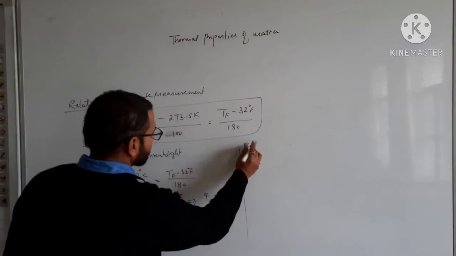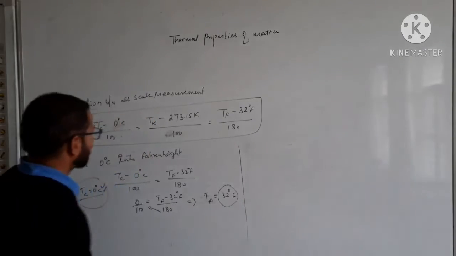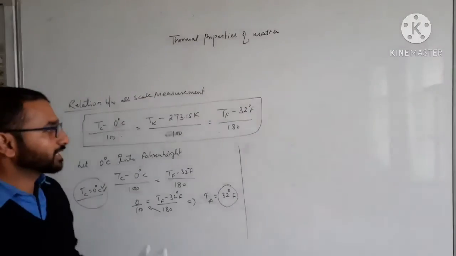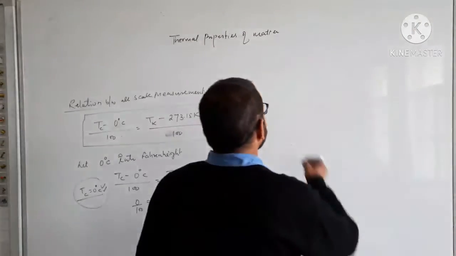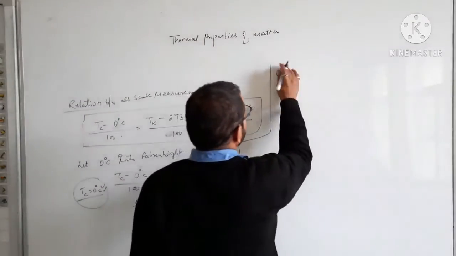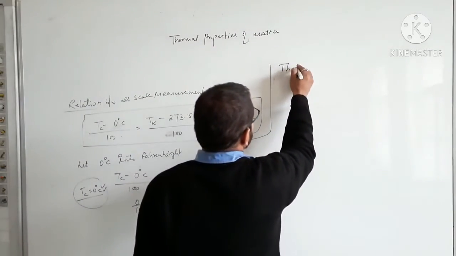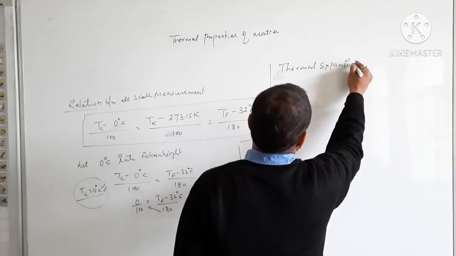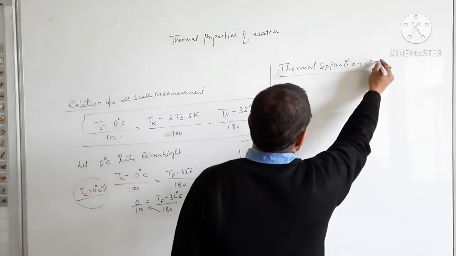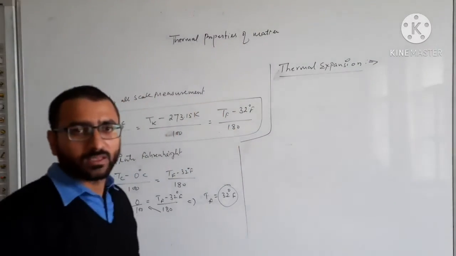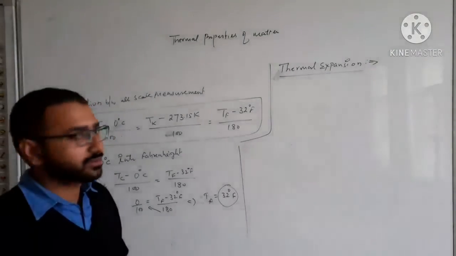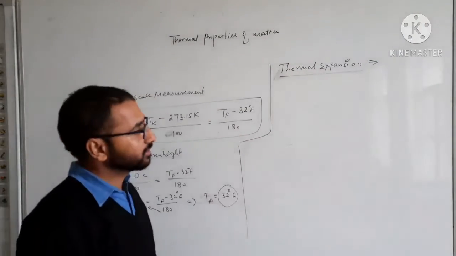Point clear? So after that, we will write here about thermal expansion. The next topic is thermal expansion, in which we will see what happens on increasing the temperature, and we will talk about the different modes which are dependent on temperature.